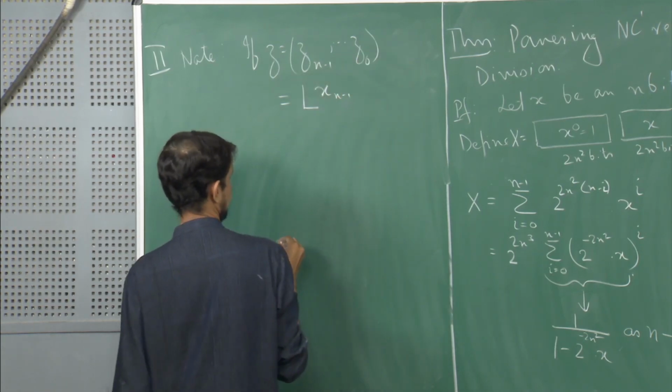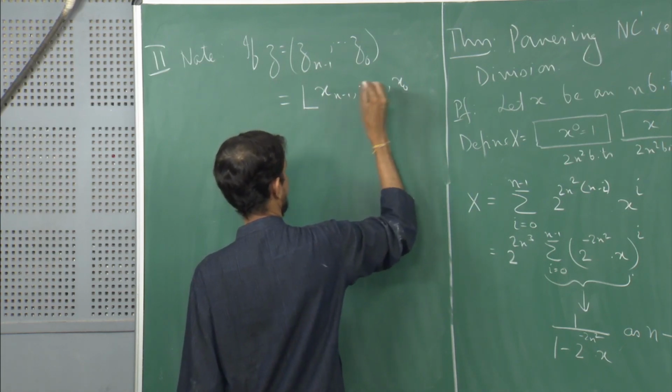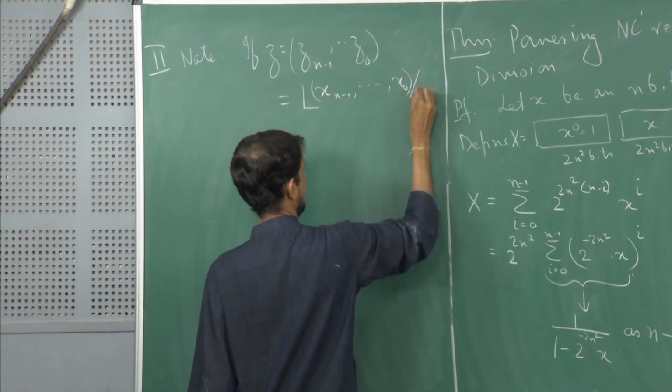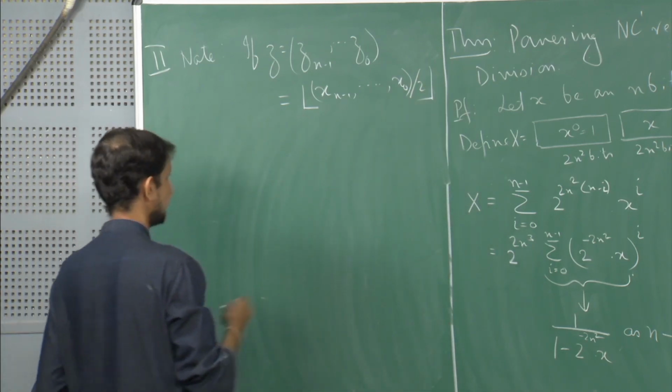So this is the number x_{n-1} up to x_0, divided by m.